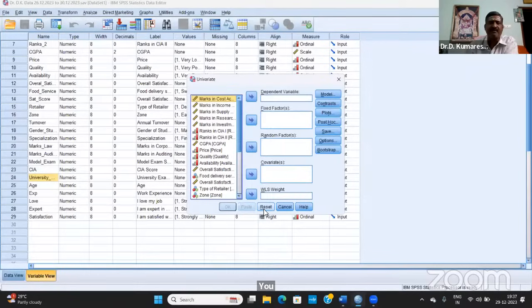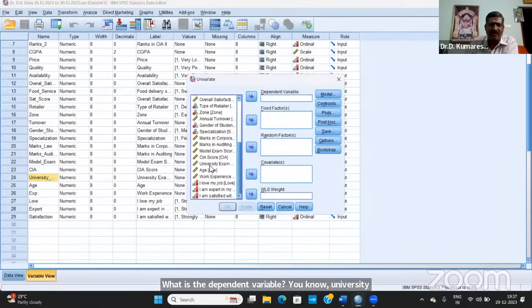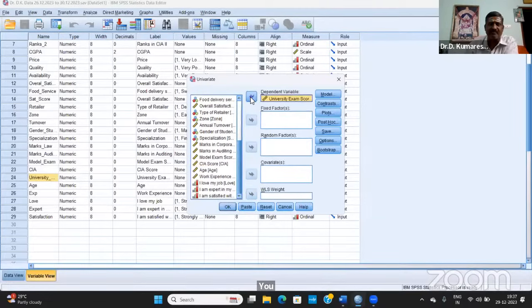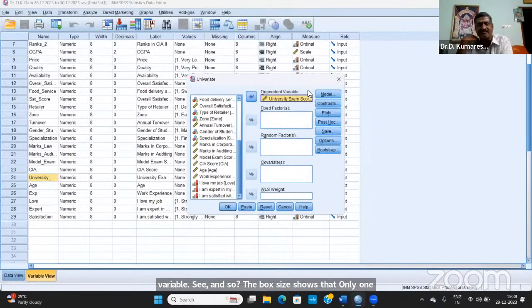What is the dependent variable? University exam marks is the dependent variable. See here also, the box size shows that only one dependent variable can be accommodated.